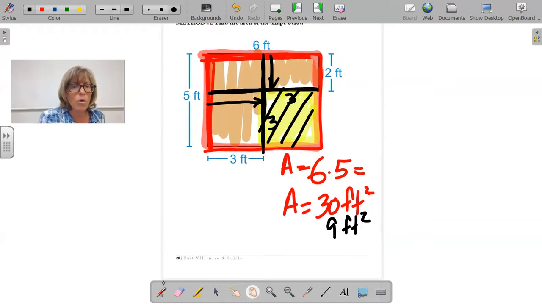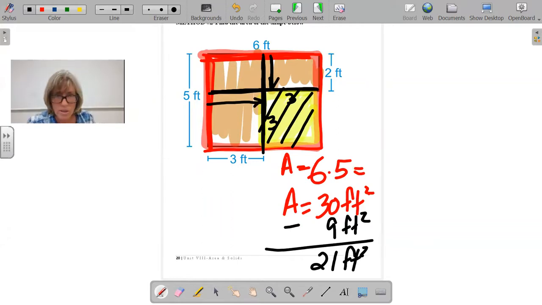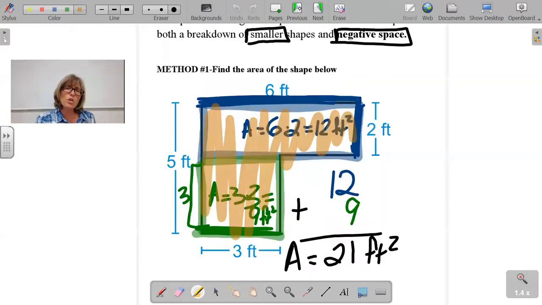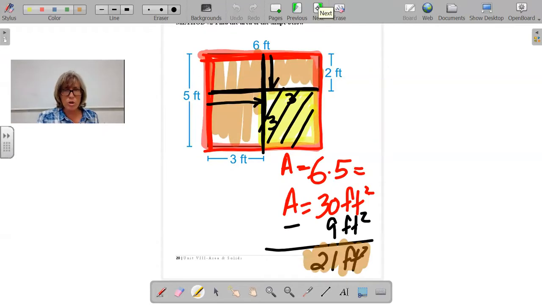So to get the orange, you simply subtract. And that gets you your composite space, which in this case is the orange. Notice it's the exact same thing. So composite space you can do by smaller spaces added up, or larger space, negative space, subtract.